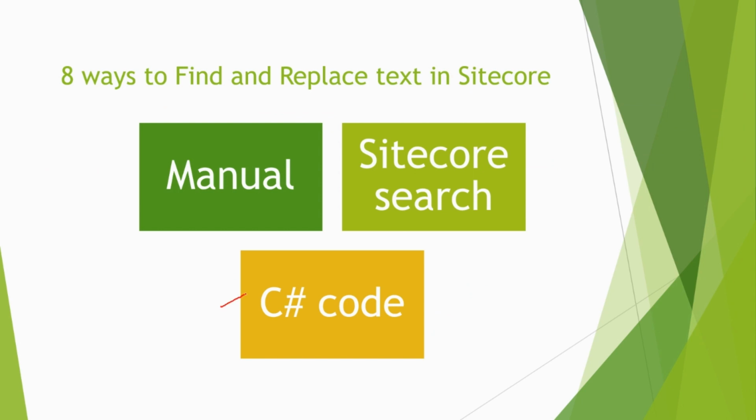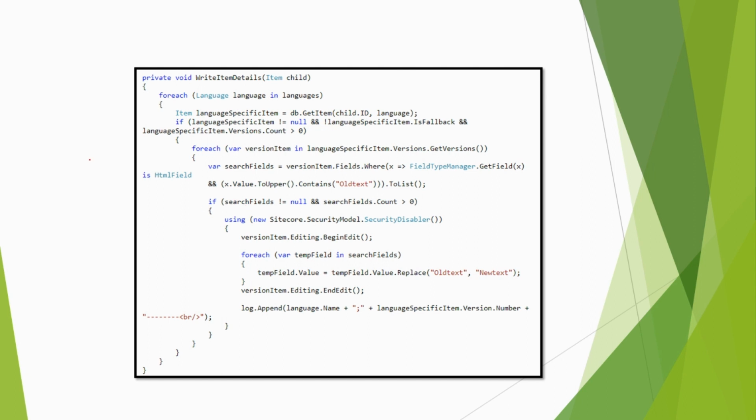The third option is the C# code. Of course, as a developer, you can write your own code and then run that code to search. For example, I have this kind of code that I can directly write in some ASPX file, and then I can run it.